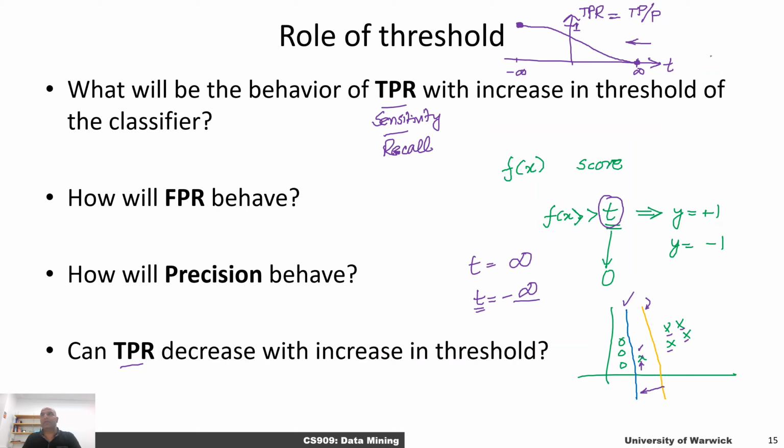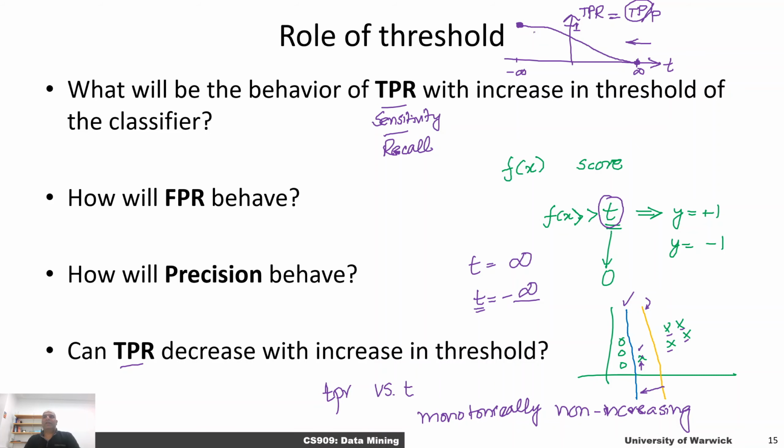So TPR versus threshold is going to be a monotonically non-increasing function. Okay, and you can wrap your head around that by understanding how the number of true positives changes when we change the threshold.